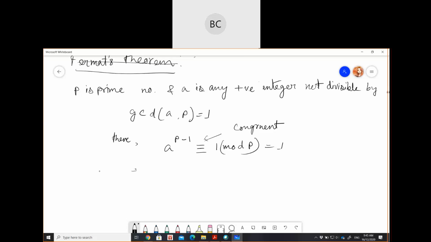No? Congruent means, if I say A mod P, it's a modulus function, right?